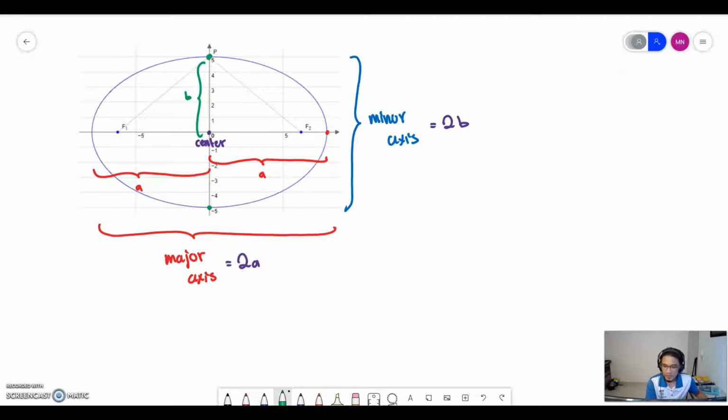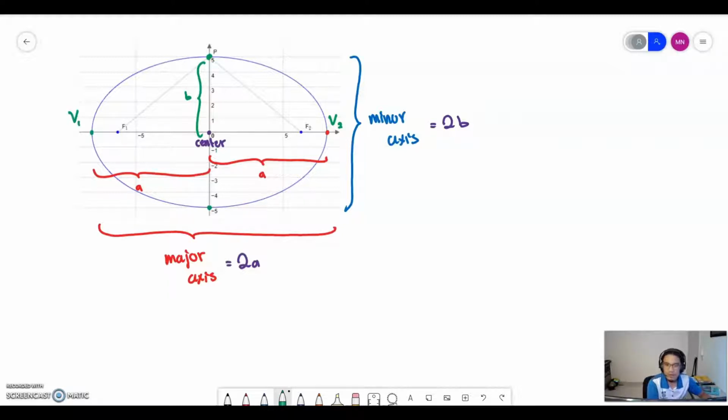From this major and minor axis, we will have a major vertex right here. This is called a major vertex. I want to label it as V2 because we will have a V1 right over here.